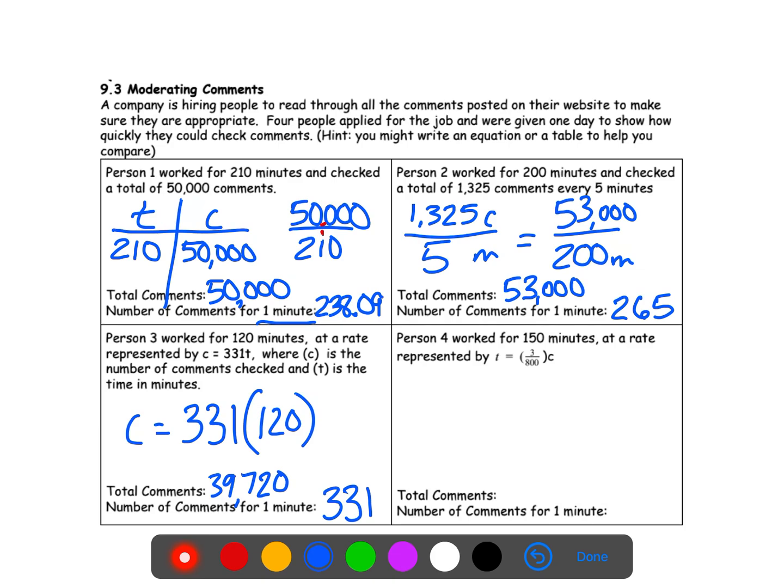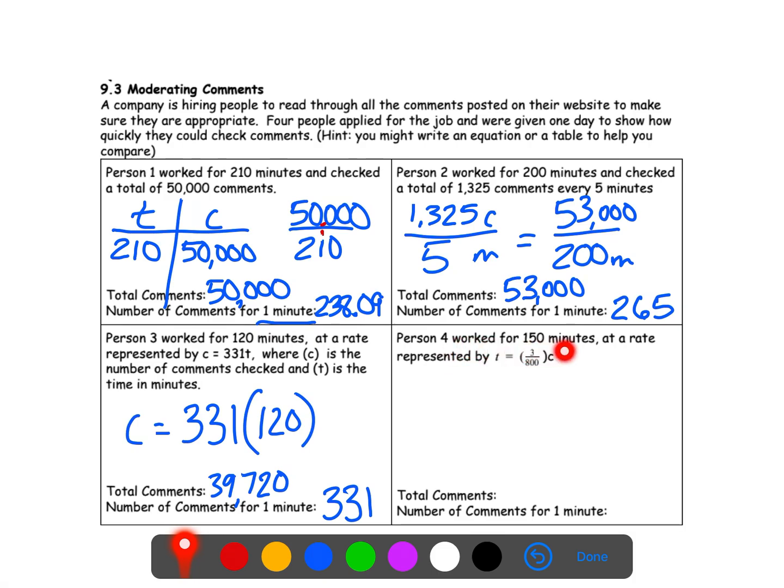Person 4 worked for 150 minutes at a rate represented by T equals 3/800ths times C. Now notice, going from the first equation that we worked with person 3 to the equation here, these variables have changed places. Now this equation finds the total amount of time, and this is using the number of comments.